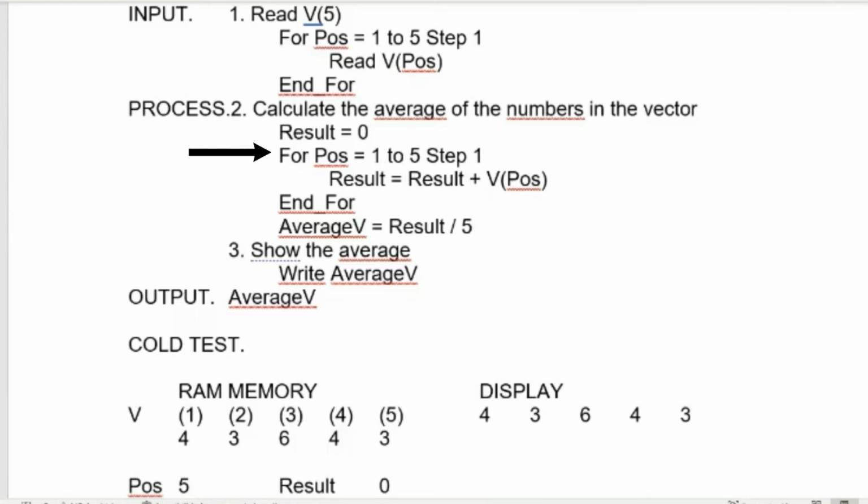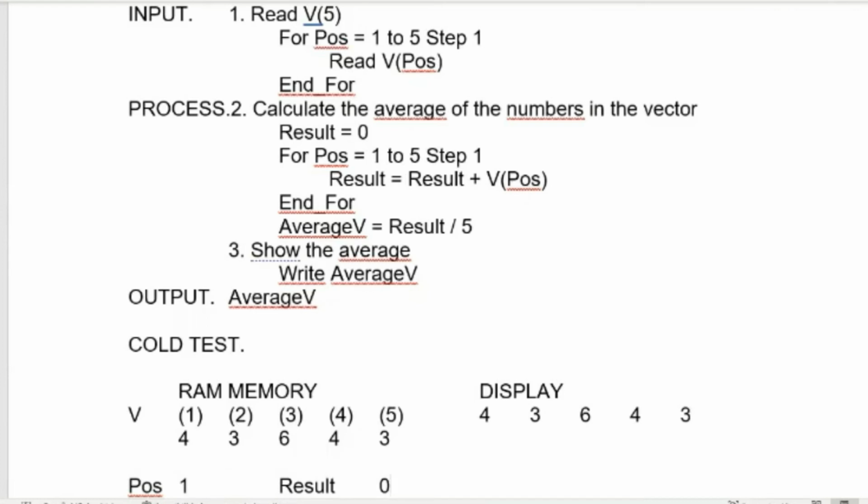Remember, pos is a variable, is equal 1 to 5. That means from the first position of the vector to the fifth position of the vector, step 1. So, result is equal to result plus vector in position pos. Pos begins in 1.